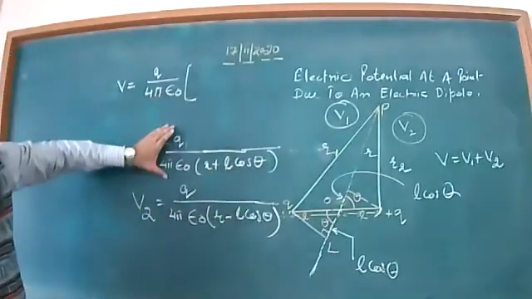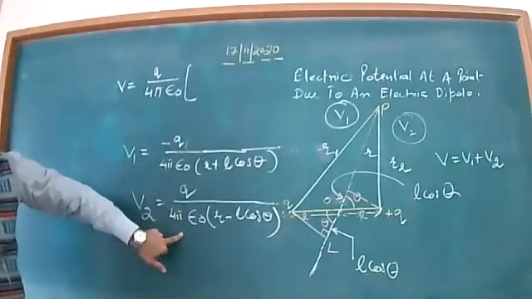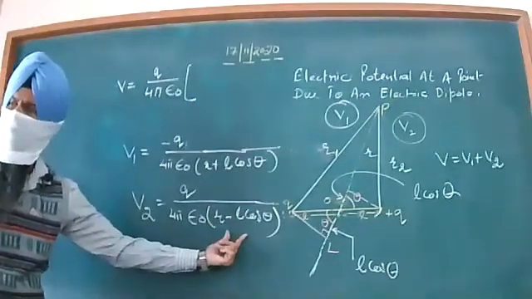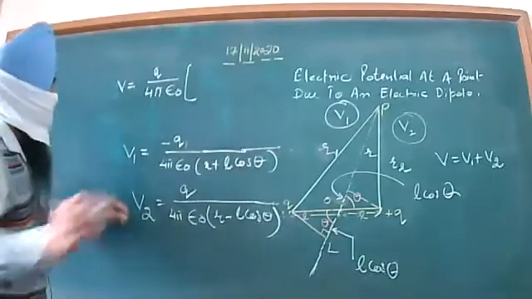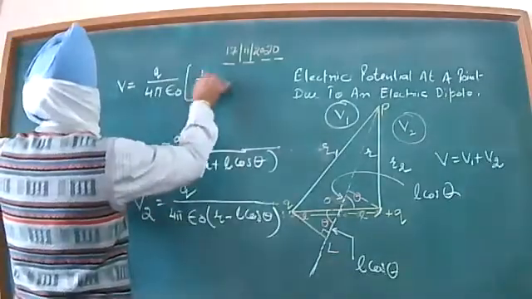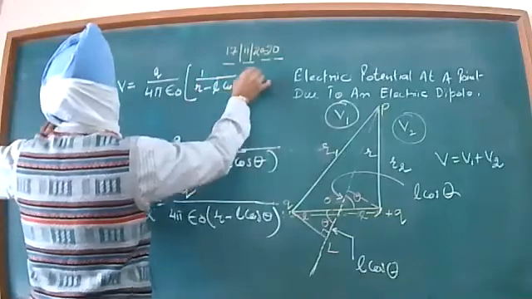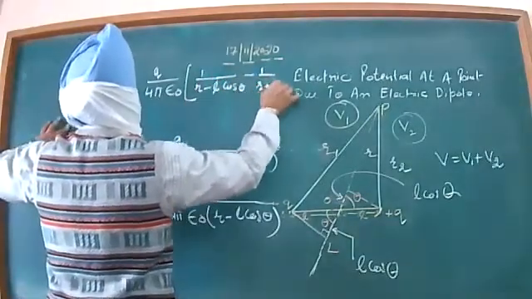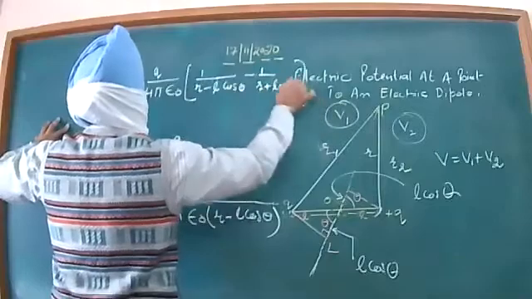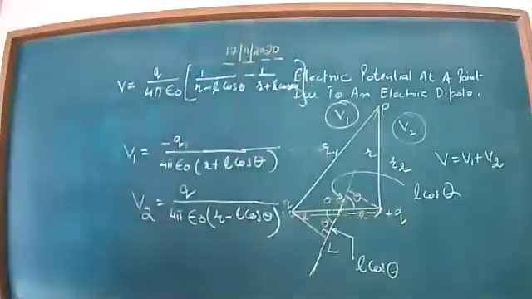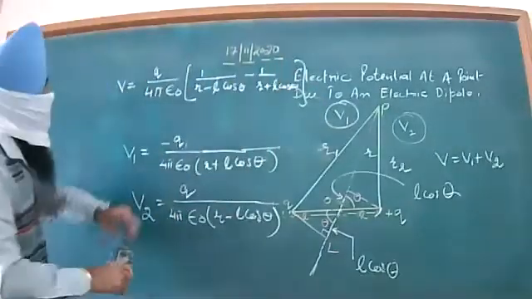So this term is small. V2 is large because its denominator is small. So I can write it as 1 upon R minus L cos theta minus 1 upon R plus L cos theta. This way. So let us rearrange.